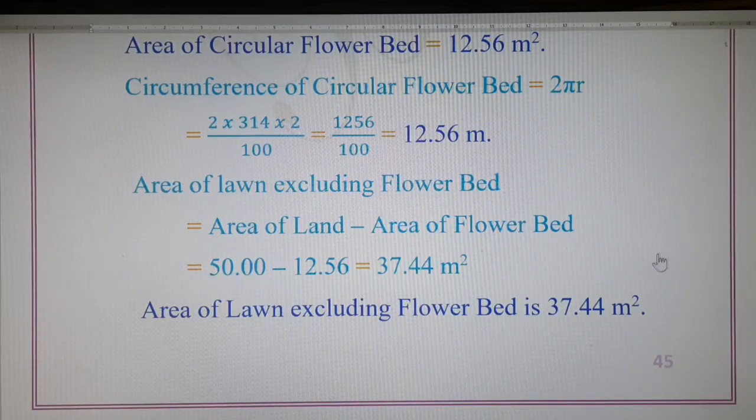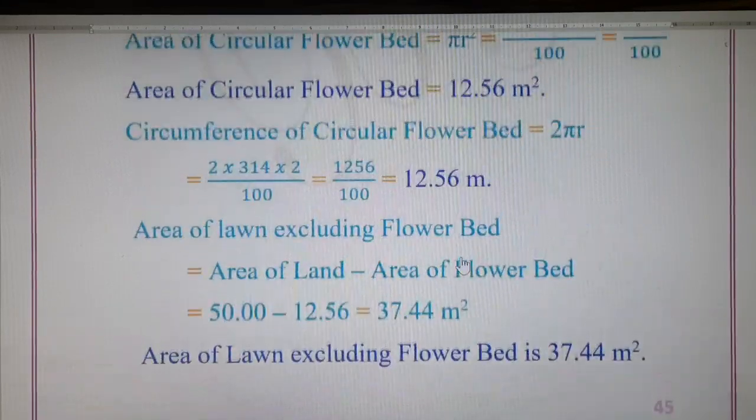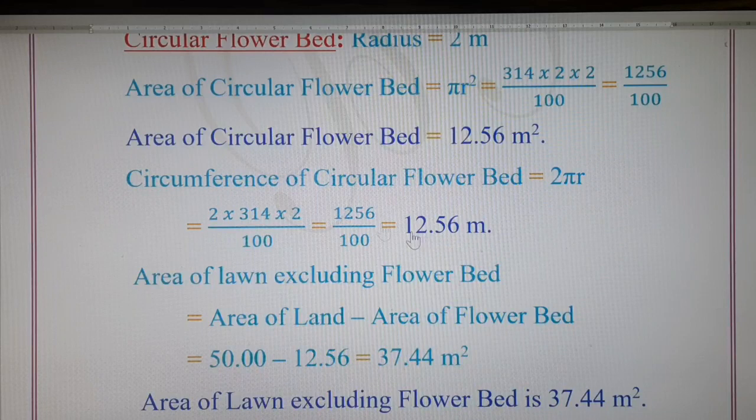Children, you can do this calculation on rough paper in your notebook and check whether this answer is correct or not. Let me remind you once more that I have done the sum sideways, but in your fair book and notebook you have to put each step downwards. This equal to sign is done sideways, but each step will be written downwards in a vertical manner.